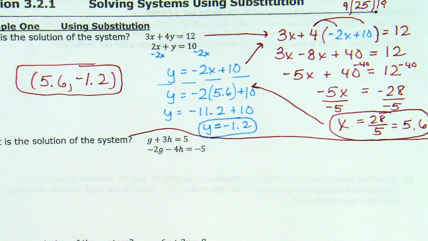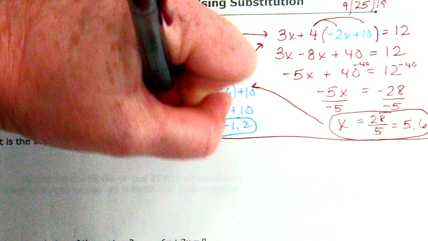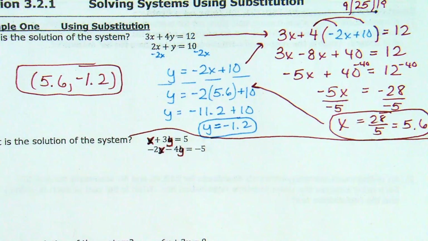If you would prefer, you could make your first step thinking x plus 3y and negative 2x minus 4y. That would make you happier, go for it. If you're fine working with the G's and H's, that's fine too. Just remember, alphabetical.